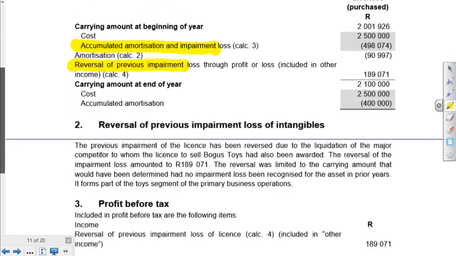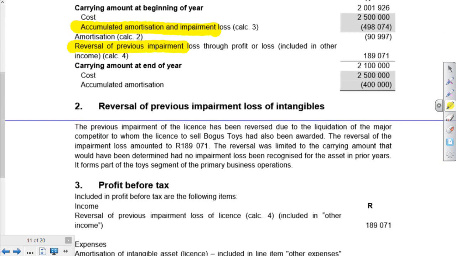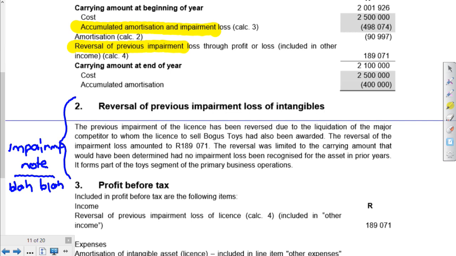Then there's also a note, an impairment note. You're required to do this impairment note. It's just a story. It's just descriptive, and it just talks about what the impairment is, what causes the impairment, how much the amount is.